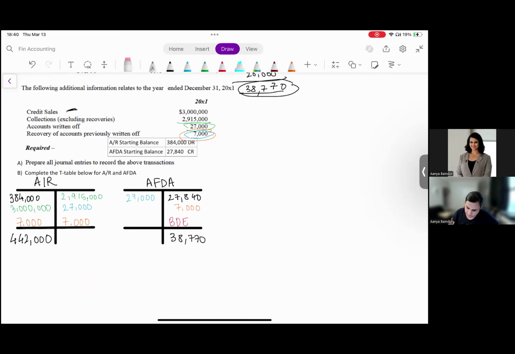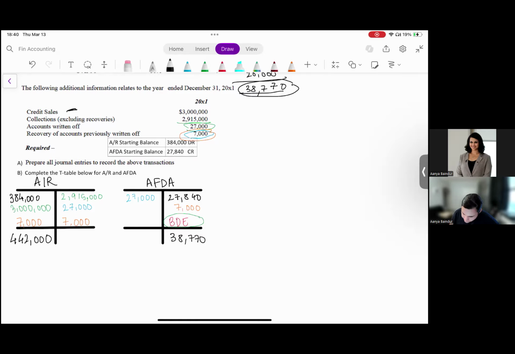Right. Now that we know all of these details, the only one that's missing in this is the bad debt expense. So we can easily find that out. 27,000. Let's do the math for that.